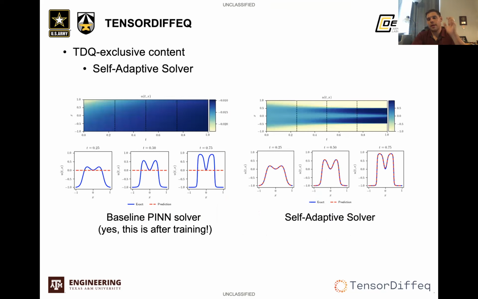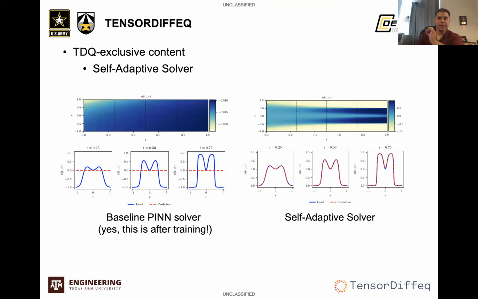One thing that's exclusive to TensorDiffEq, and this is something that we've developed in-house here at Texas A&M, is something called the self-adaptive solver, wherein you weight the loss function in different places. Each collocation point has an associated weight. Each initial condition point has an associated weight in the training.